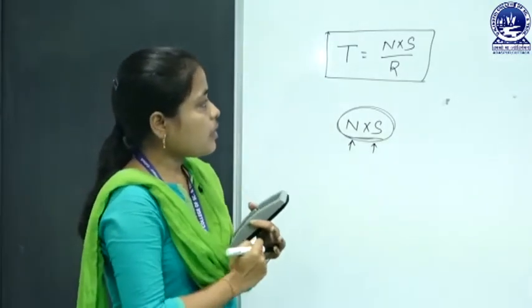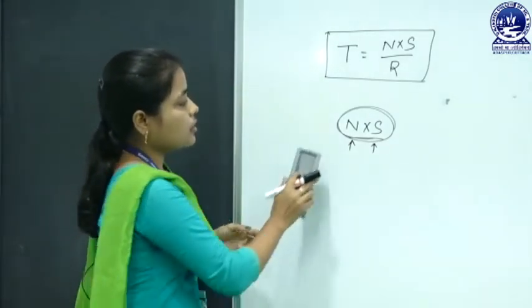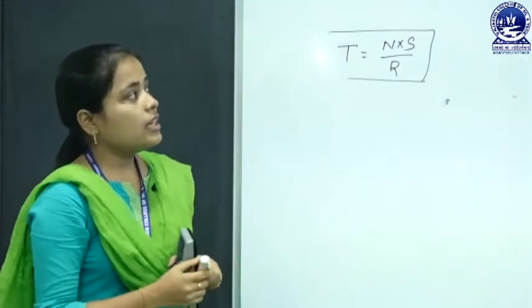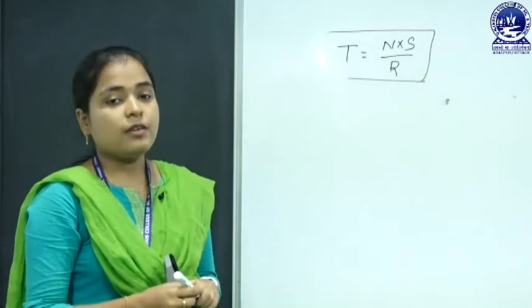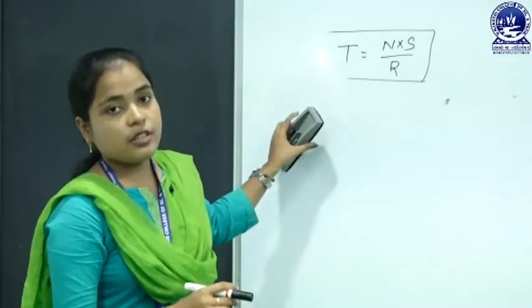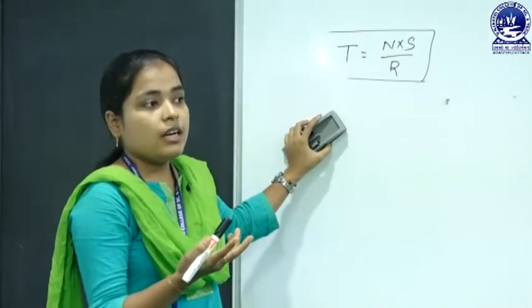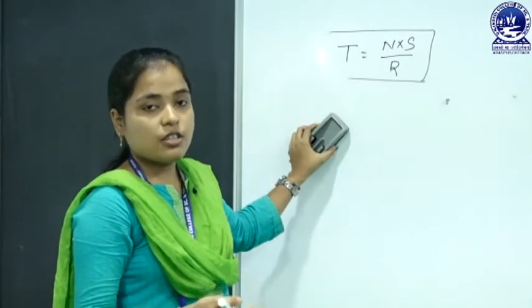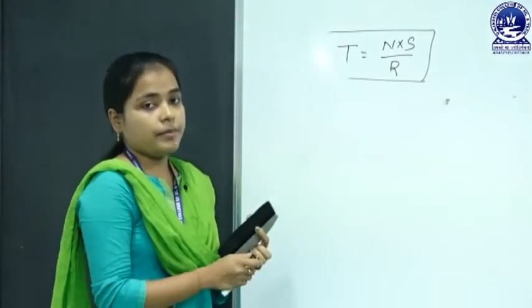Okay. And there are also some other concepts by using which we can get a better performance system, or we can speed up a computer system, or we can decrease the value of execution timing of an instruction or the elapsed time. Okay.